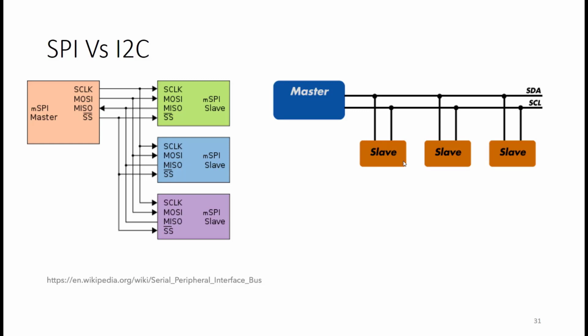But in case of SPI, the master can send data to any slave at any time. But in I2C, one master can send data to only one slave at one time.